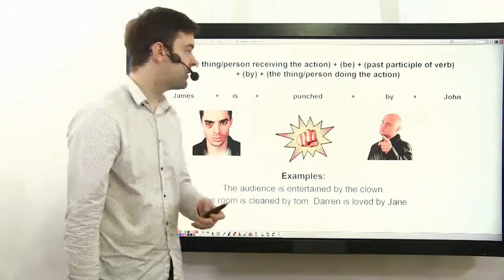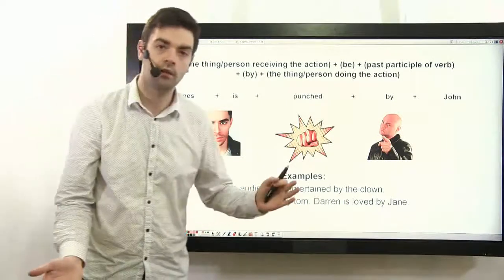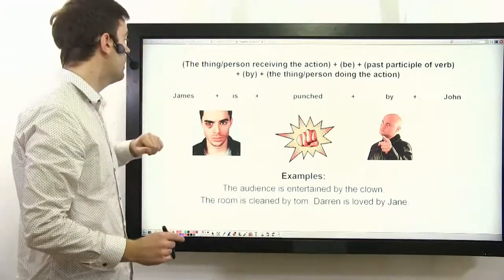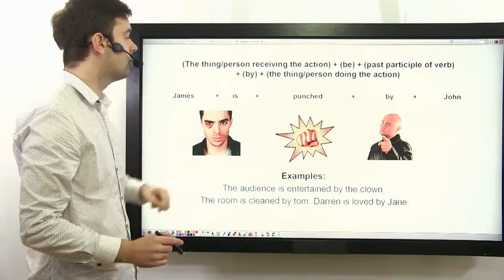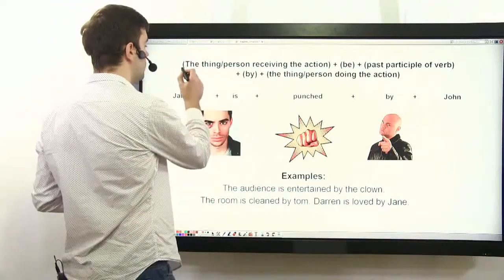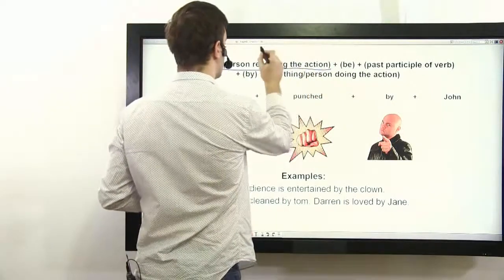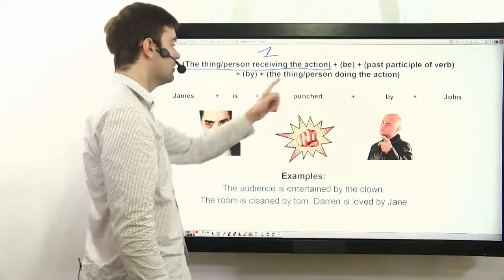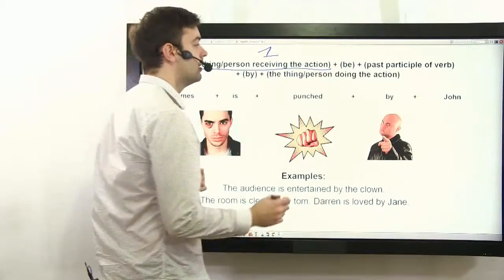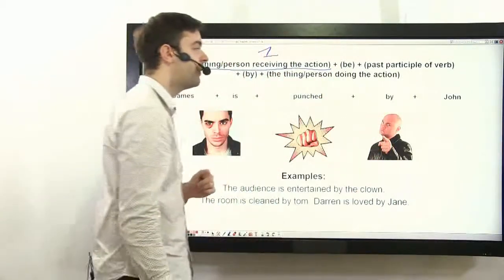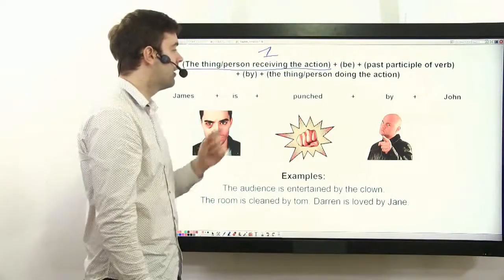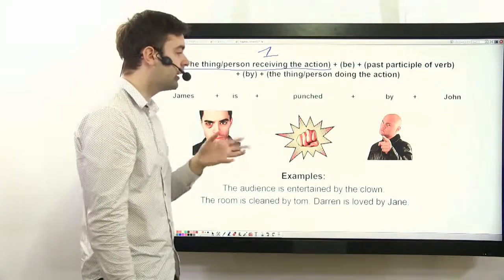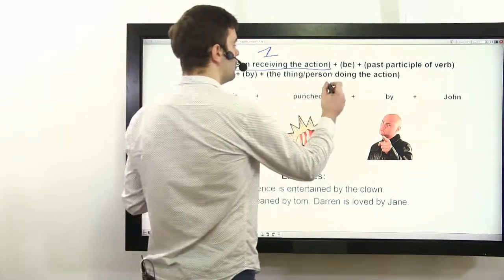Let's take a look at the passive form then. So remember, it's switched around from the active form. So it starts off with the thing or person receiving the action instead. You have to add the be verb and the past participle of the verb, then optionally, you can add the person doing the action.